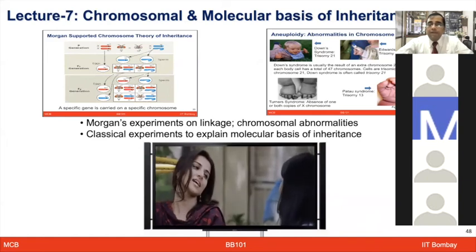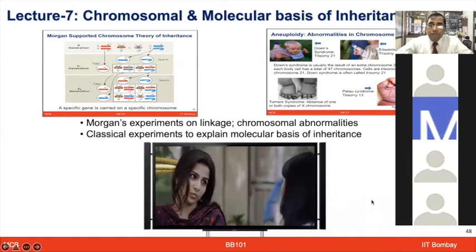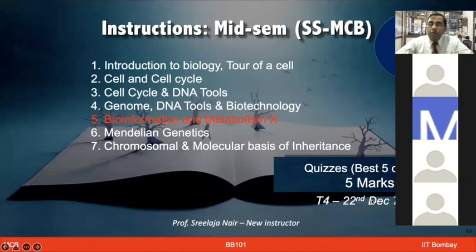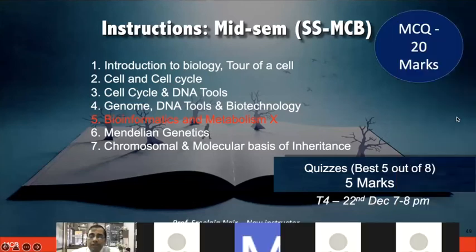So all of these are part of the 7 lectures which I have talked about in this particular module so far, and this is a summary of how we are going to take it forward. From the 7 lectures which I have delivered so far, the 5th lecture, which was the bioinformatics, some hands-on activity, and the metabolism lecture, I decided not to use for your midsem.